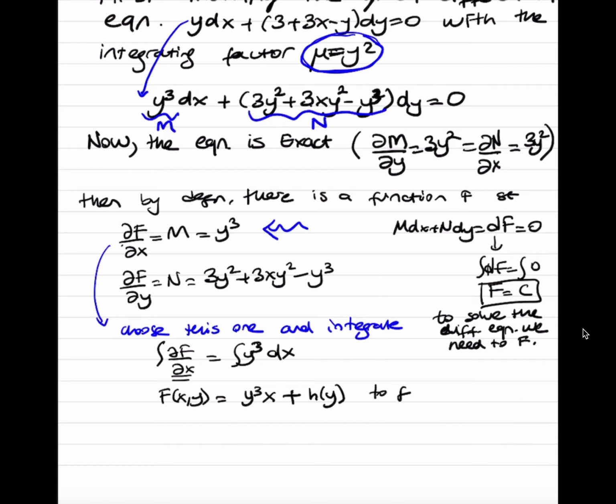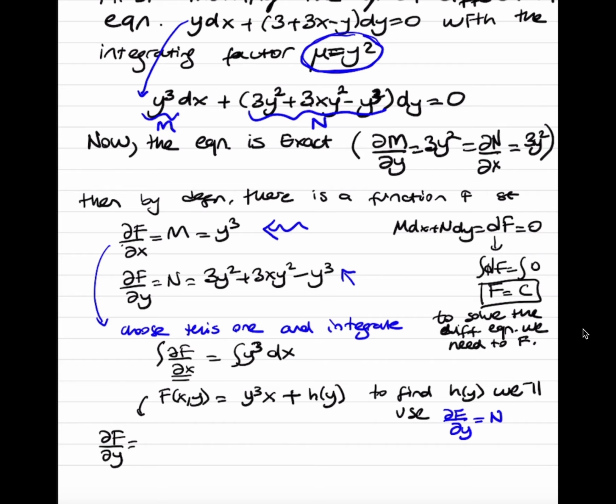To find h of y, we will use this differential equation. We will use del f over del y is equal to n. Okay, now let's take the derivative of f with respect to y.